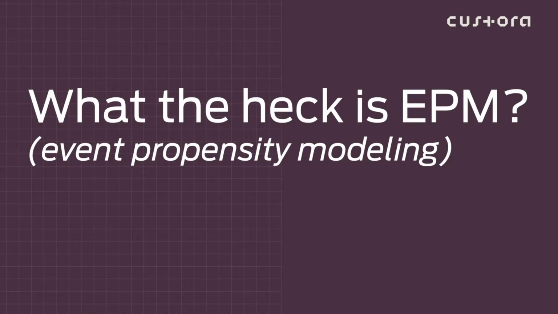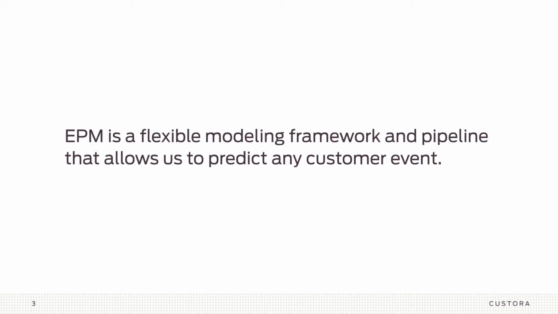Okay, so now it's time to answer the burning question on everybody's mind. What the heck is EPM? Good question. So EPM is essentially a super flexible modeling framework and pipeline that we've built internally that allows us to essentially predict any customer event. A question might be, what is a customer event?